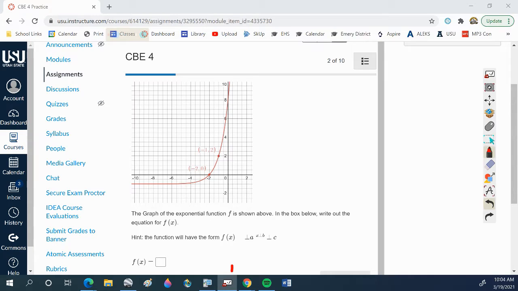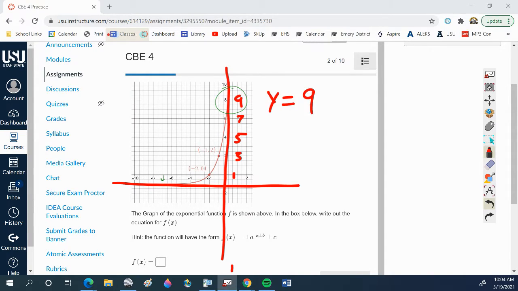The hard way would be, okay, we're dropping down 1. So if I draw this graph here, and then I do 9, 7, 5, 3, 1, I can see that my A value is 3, right? But in this case, the graph is hitting 9. So y equals 9 times 3 to the x.